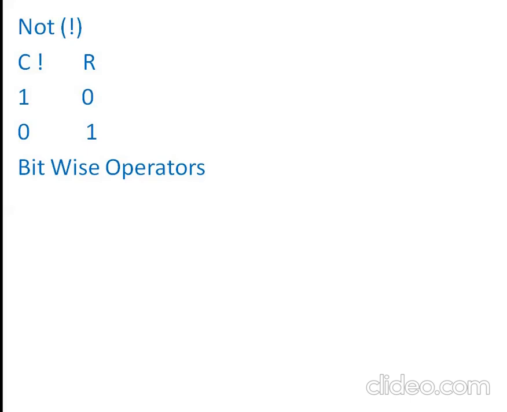In the binary language, there are only two alphabets, 1 and 0. In the English language, we have 26 alphabets. Likewise, in machine language or low level language or binary language, there are only two alphabets, that is 1 and 0. So the operators which manipulate these 1 and 0 are called bitwise operators. Are you clear why these are so called bitwise operators?